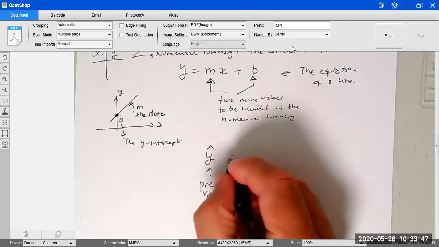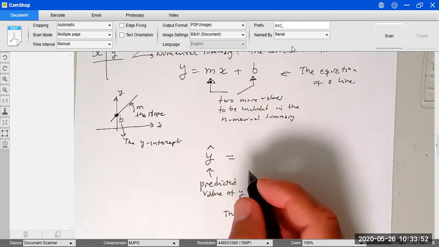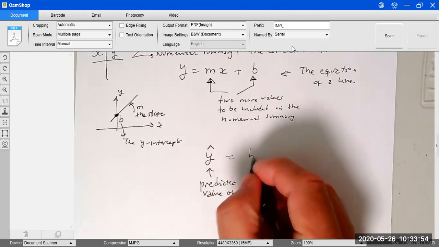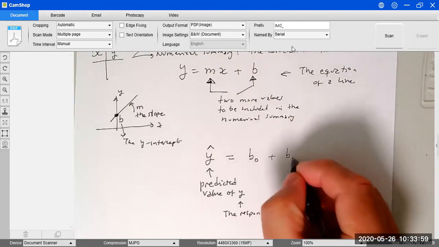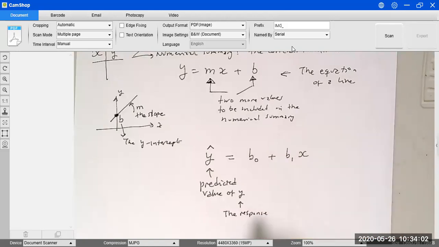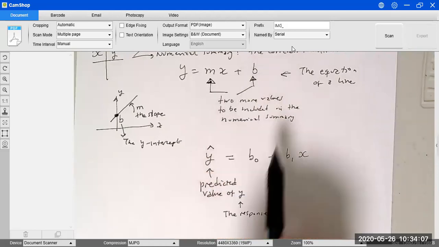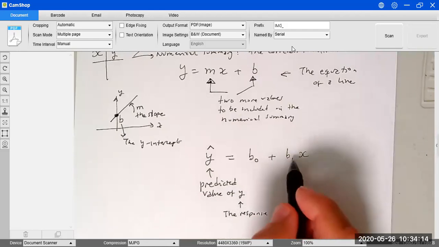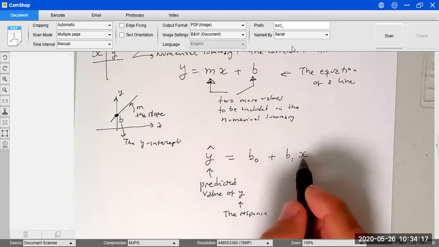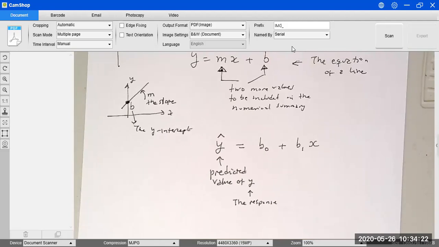And this is going to be a function of b0, or b naught, plus b1x. So in statistics, we reverse the way that these terms are written. So we start with the y-intercept, and we call it b0, b sub 0, and then plus the slope, b1, times x. So this is going to be the equation that we're going to obtain.